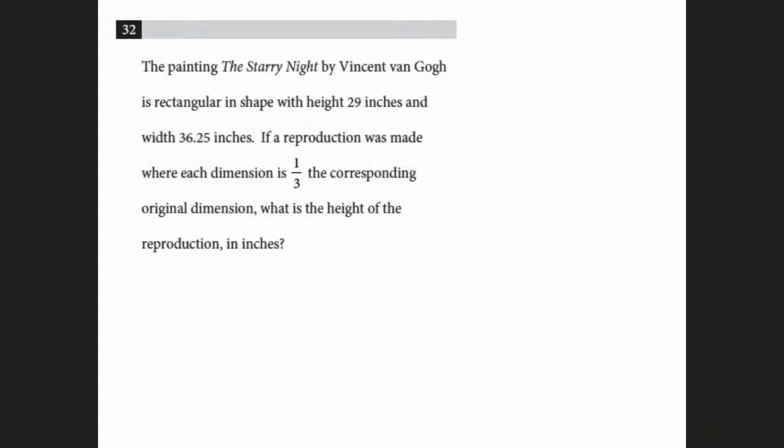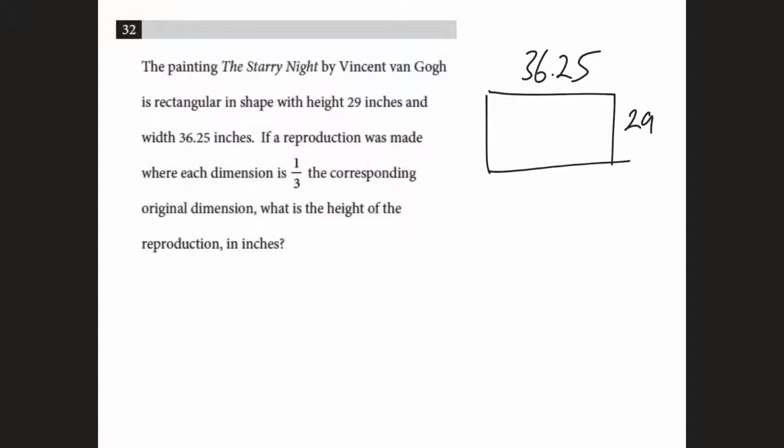32. The painting The Starry Night by Vincent van Gogh is rectangular in shape with height 29 inches and width 36.25 inches. If a reproduction was made where each dimension is 1/3 the corresponding original dimension, what is the height of the reproduction in inches? So we're taking a rectangle that is 29 inches by 36.25.